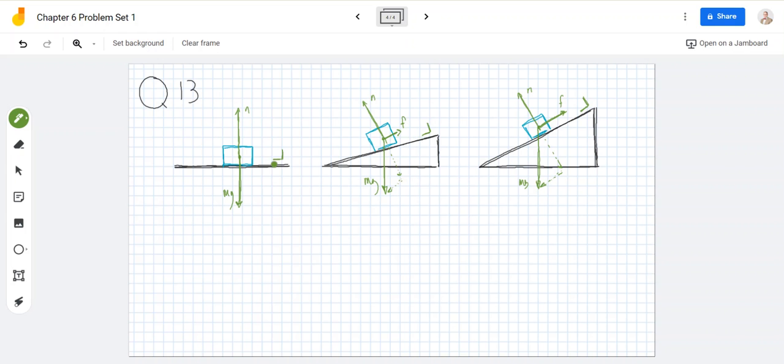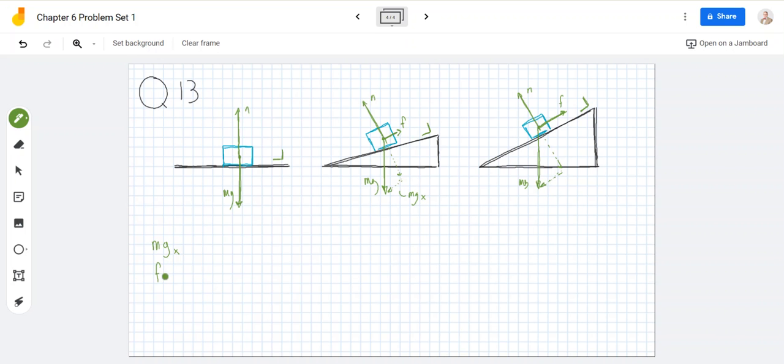So it says we're going to increase the ramp angle. We could actually just look at these 2, but I wanted to show the situation here. If we increase the ramp angle, this is the mg here. We call this one the mgx direction, and that's what they're asking for. What happens to the mgx is the first question.